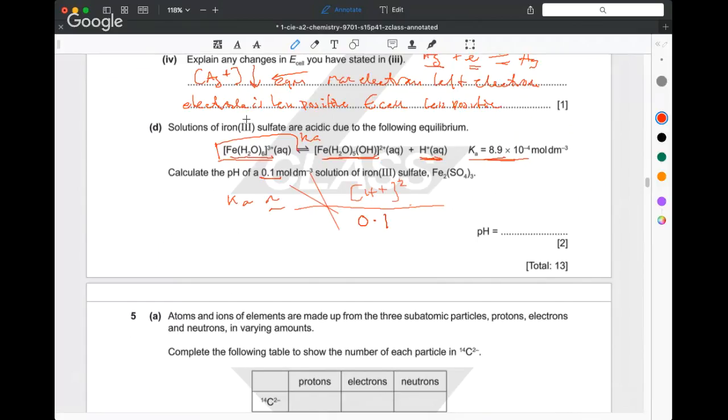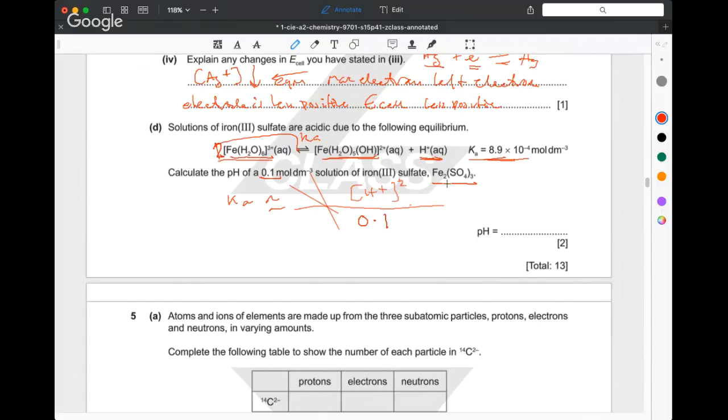But the little trick that they're trying to play on you here is that you started off with this iron compound here, and when it dissolves in solution, it's actually making two of those.